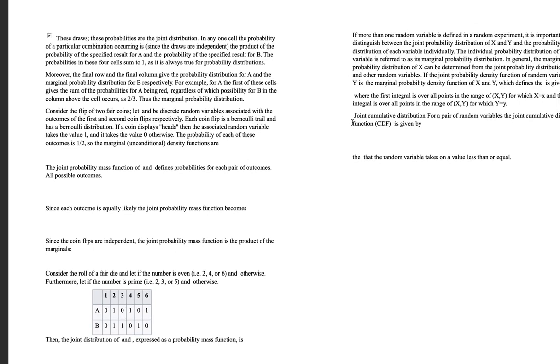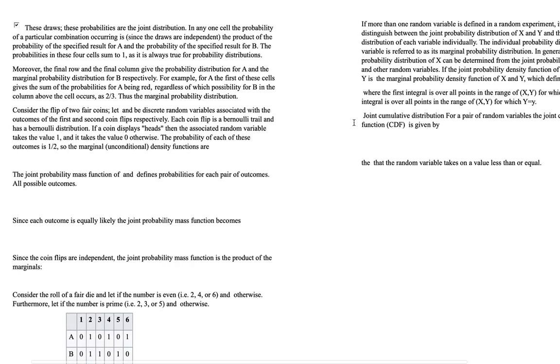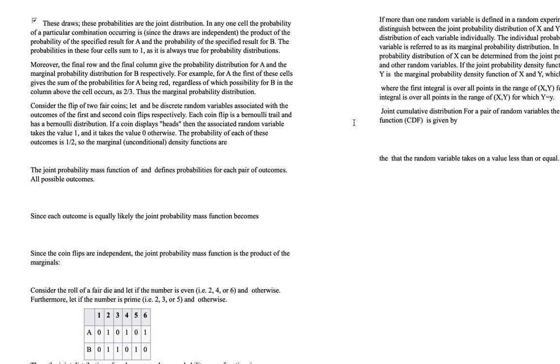These probabilities are the joint distribution in any one cell. The probability of a particular combination occurring is the product of the probability of the specified result for A and the probability of the specified result for B. The probabilities in these four cells sum to 1, as is always true for probability distributions.